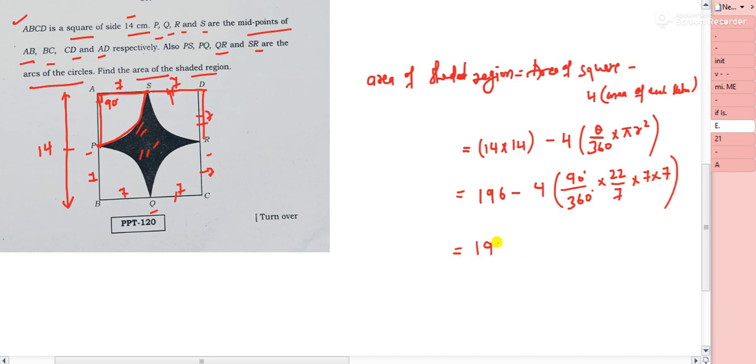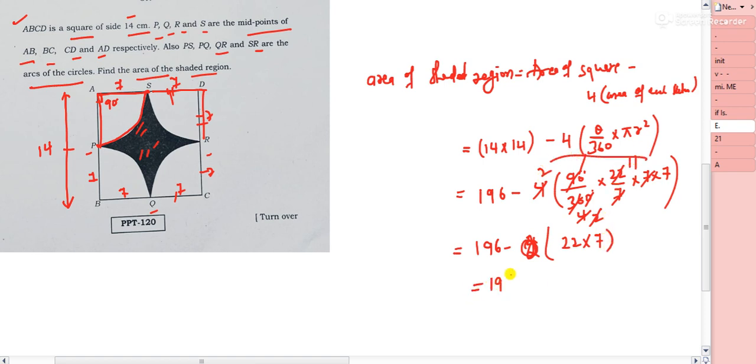So this is 196 minus 4 into here 0, 0 will get cancelled, 9 ones are 9, 9 fours are, again 7, 7 gets cancelled, here 4, 2 twos are, 2 11s are, right? So 11 sevens are 77, and here again you can write 2 ones are, 2 twos are, so even this will get cancelled. So 11 twos are 22, I'll write here 2, 22 into 7, this is not 2 now because I have multiplied it.